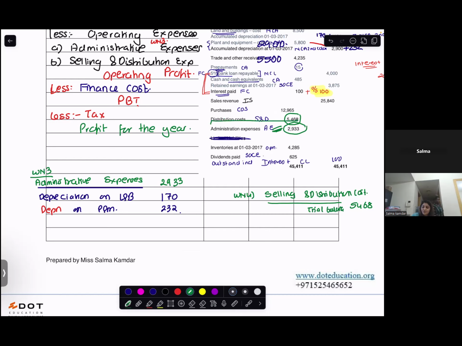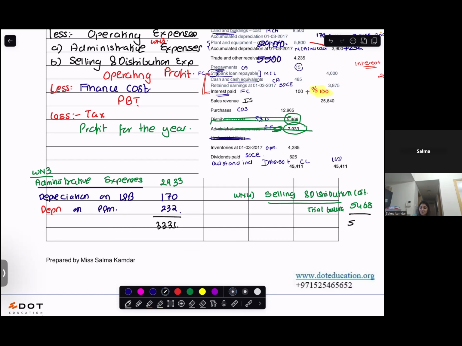Once I take something from the trial balance to my working note for further calculation, that item is gone away. Now give me the total of administrative expenses. Administrative expenses total is 2,933 plus 170 plus 232, 3,335.